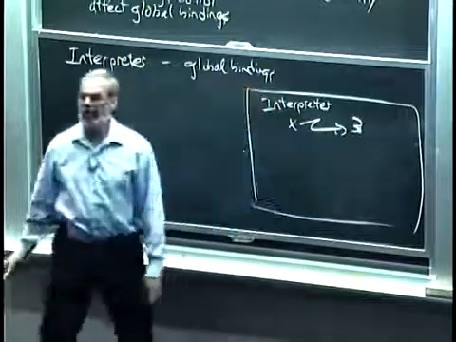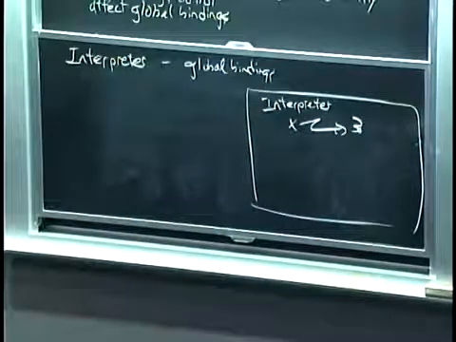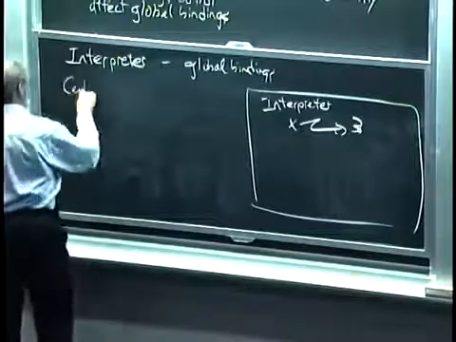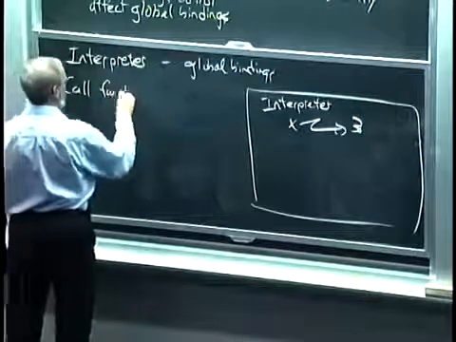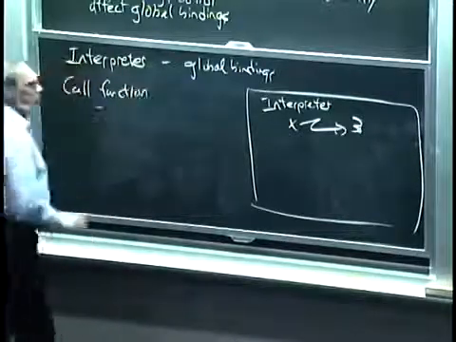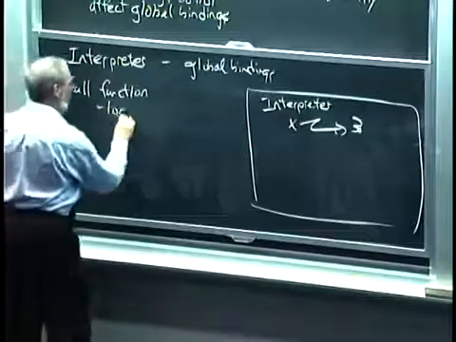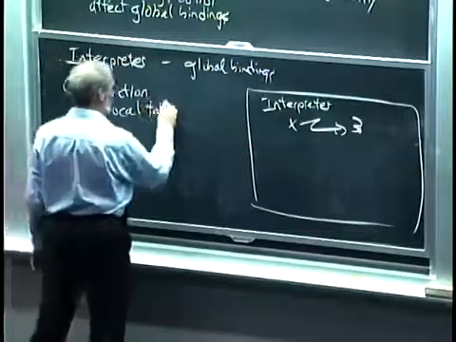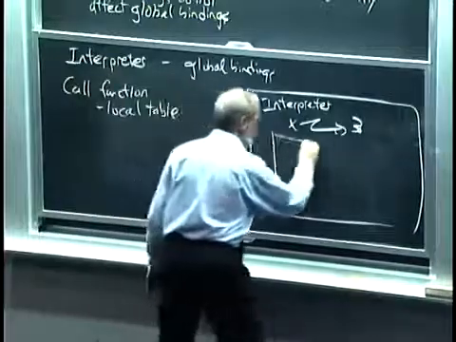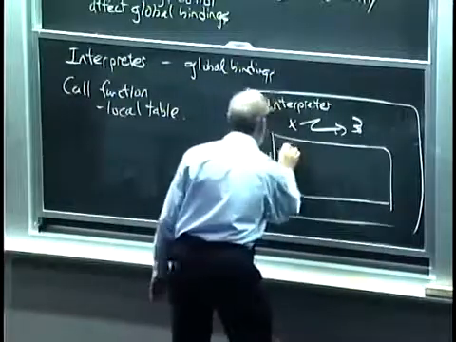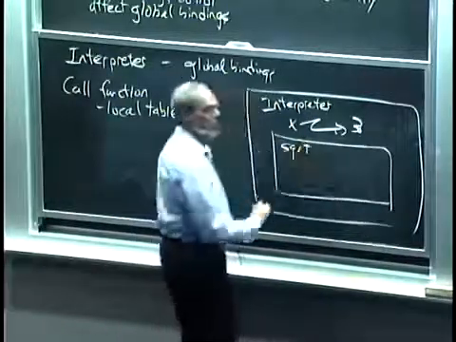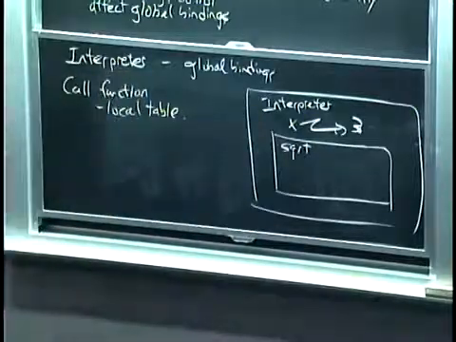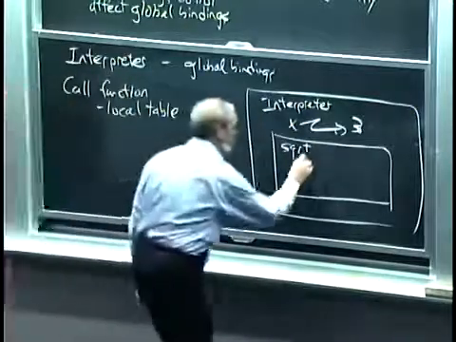It's bound to the value 3. When I call or invoke a function, think of it as creating a local table. And inside that local table, I bind the formal parameter.